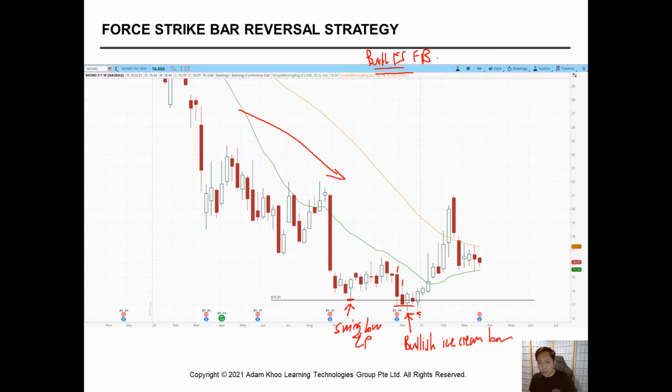So traders will take this, put a very tight stop loss entry somewhere here, and they will be able to get a very nice risk reward in this trade. Of course, if you have fundamental conviction on this particular stock, you can continue to hold it, since it's already at, I think, a multi-year low, for example.